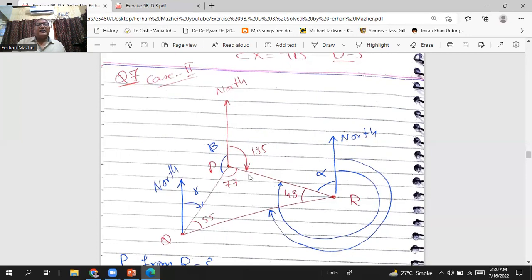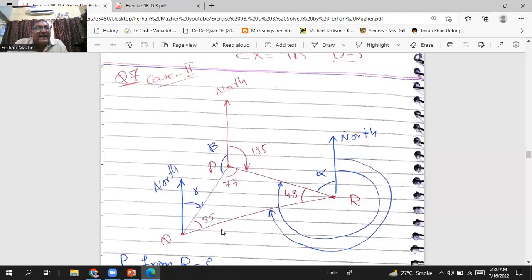If you add 135 and 77, that is more than 180. So that's why I know this line should not be here, and the Q point should not be under here. It should be a little to the west side. Because this angle is more than 180, that's why I made it like this.